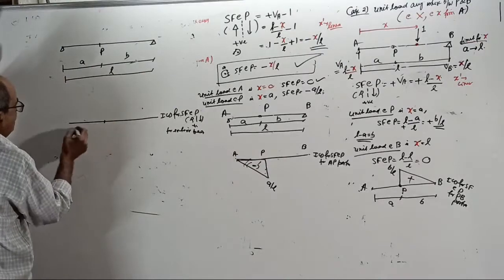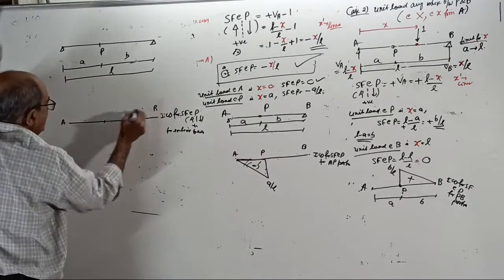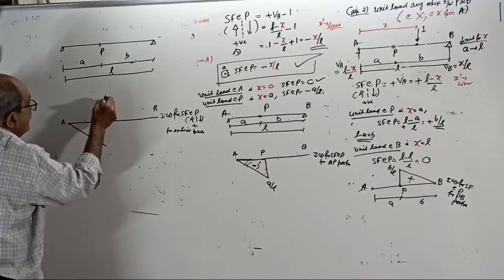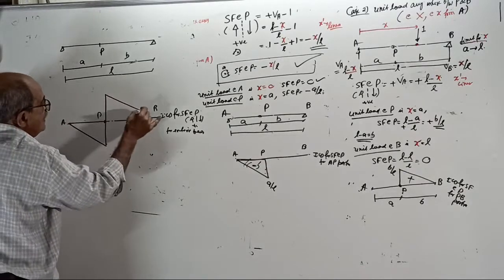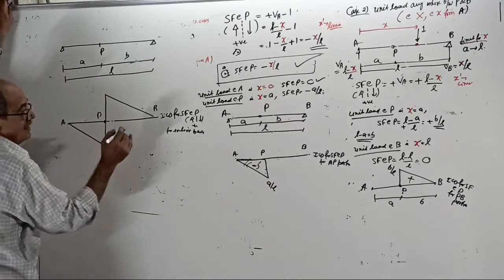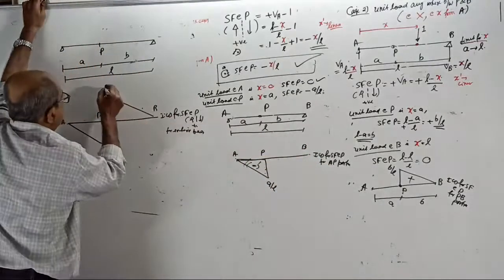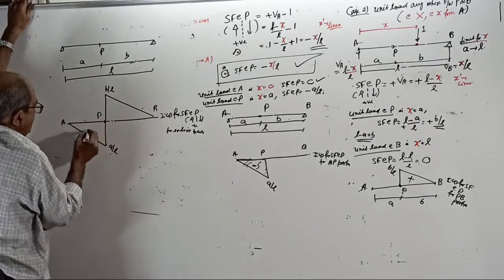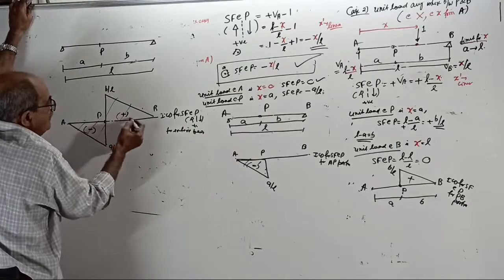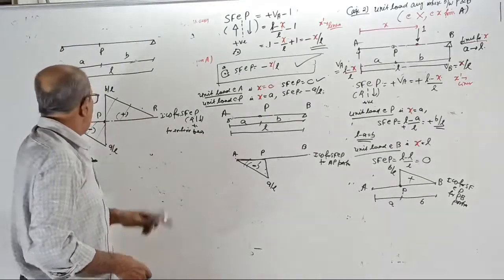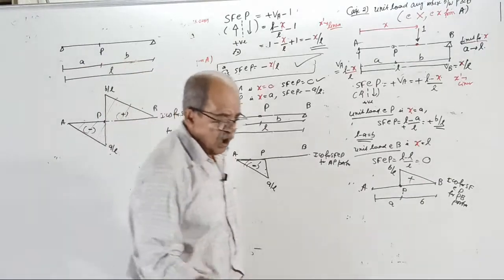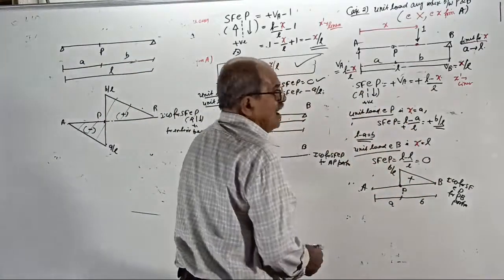If the point P is here, A here and B here, this is P. 0 to minus A by L, then B by L to 0. This is negative, this is positive. This is the ILD for shear force at the point P for the complete beam. I will fully explain tomorrow.